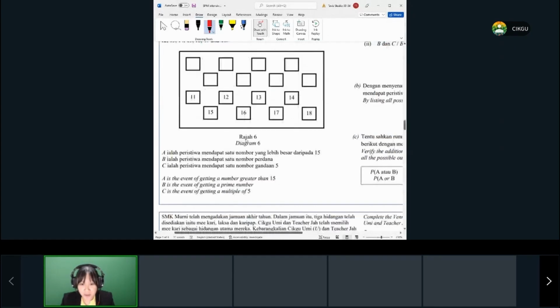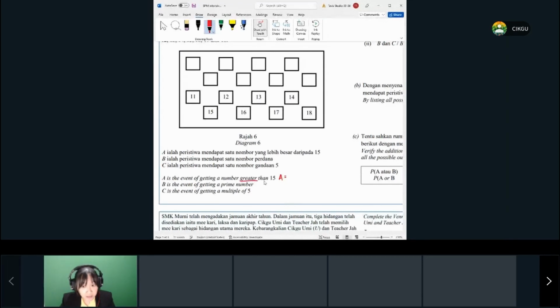So what do they say? A is an event of getting a number greater than 15. Let's write it down. A is to get a number greater than 15 out of these 8 numbers. So you can pick 16, 17, or 18.